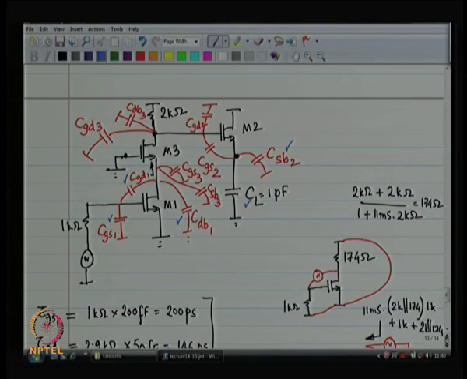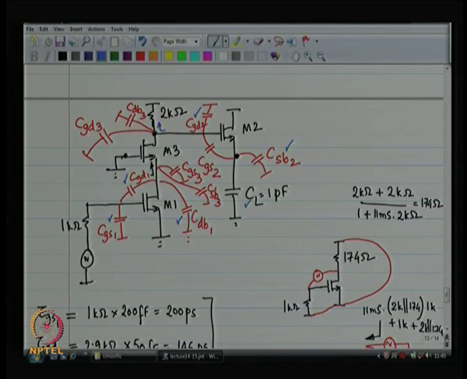Okay. See gate to drain of the second device. Let us do this particular one. See gate to drain of device number 2. What is the impedance presented at the gate of M2? What is the resistance presented at the gate of M2? Looking into the gate, of course, you see infinitely large resistance.